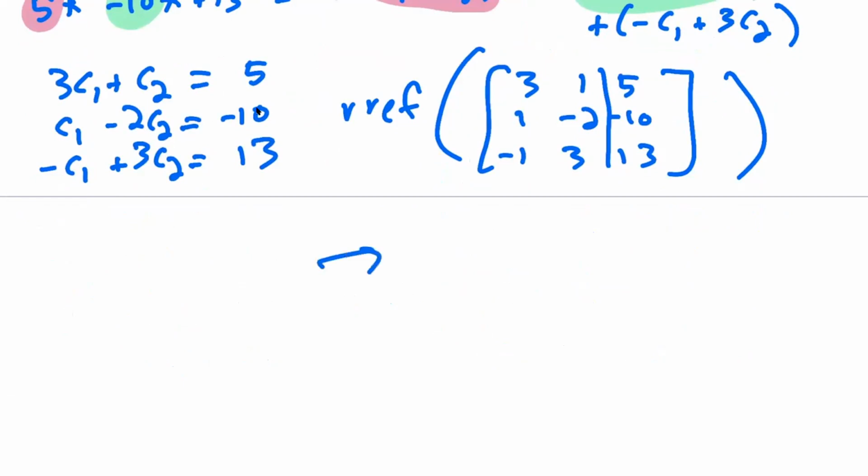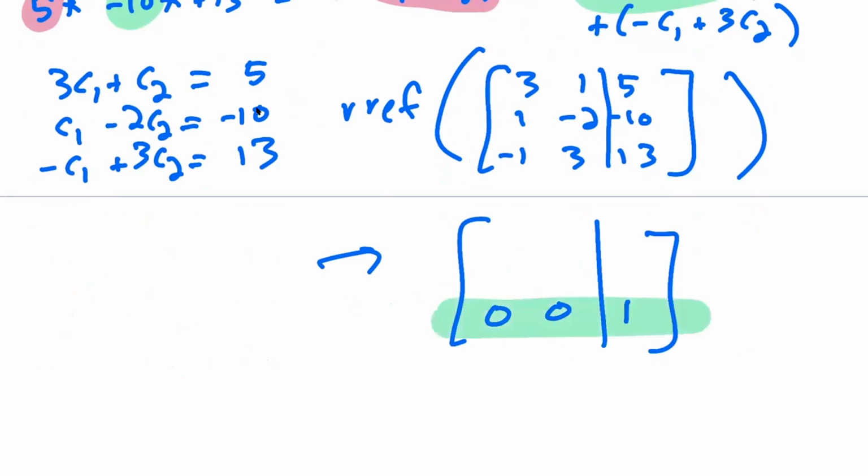And I don't know what I'm going to get, but I'm going to get something that looks like this, and some other stuff. I probably get something that looks like the identity matrix up in the left-hand side.